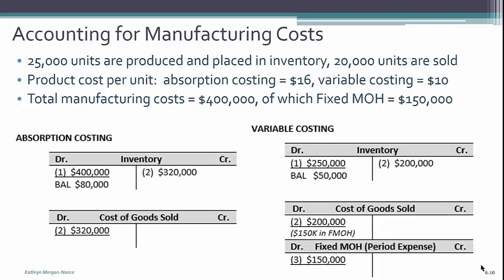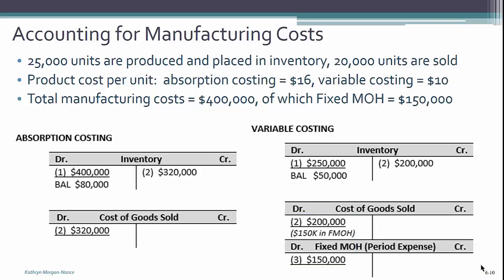Notice for a moment that total expense reducing net income under absorption costing is $320,000. That's cost of goods sold. But total expense under variable costing is $350,000. That is cost of goods sold plus fixed manufacturing overhead.